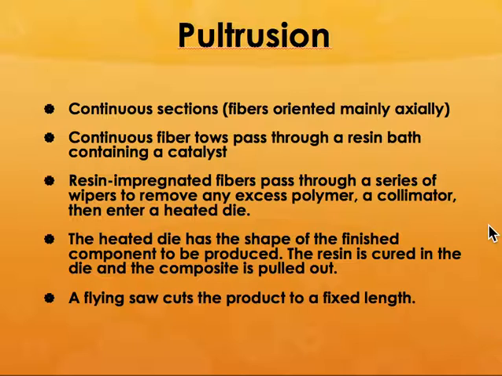The continuous fiber tows pass through a resin bath containing a catalyst, and then the impregnated fibers pass through a series of wipers, so it removes all the excess polymer, and then it enters a heated die, and at the end of the die you also have some kind of a nozzle or a die, and it takes it through that, and then it is compressed at that point, and as it is compressed it is pulled out of that nozzle, and then you have a saw that cuts the product to a fixed length.